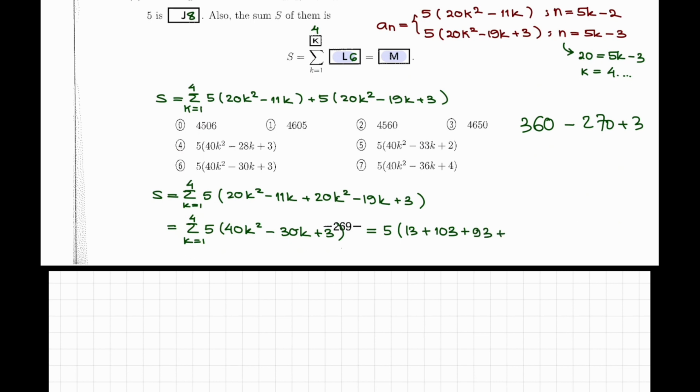And then for the last one, we substitute k by 4. 16 times 40, 640, minus 120 plus 3. If you calculate it, you will obtain 523.